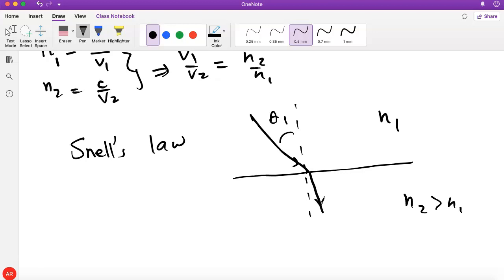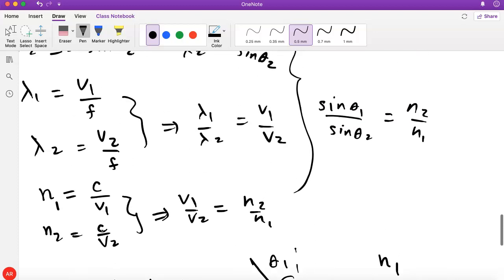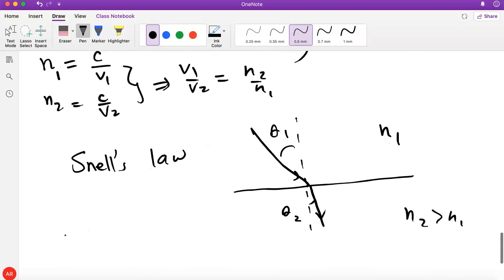So as it enters a material where the speed goes down or the index of refraction goes up, the ray bends in a way that it gets closer to the normal to the interface between the two materials. So here we have theta 2. Another way to write this equation is to multiply them: n1 times sine theta 1 is equal to n2 times sine theta 2.